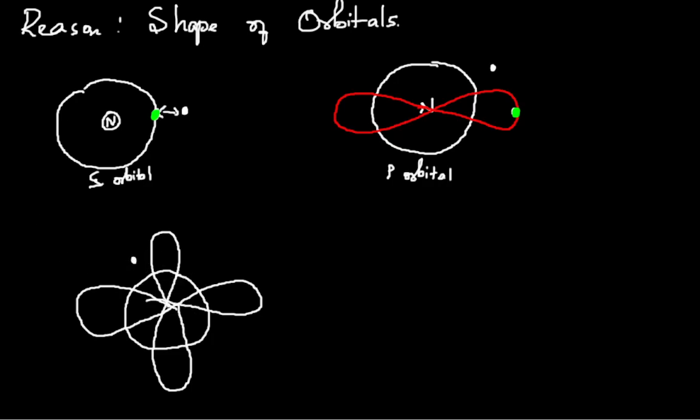Imagine the same electron that is here and your d electron is here, so which means it's even more diffuse. It can be here, it can be here, it can be here, it can be here. So again, its repulsion will decrease. So this is the ineffective screening for d orbitals.